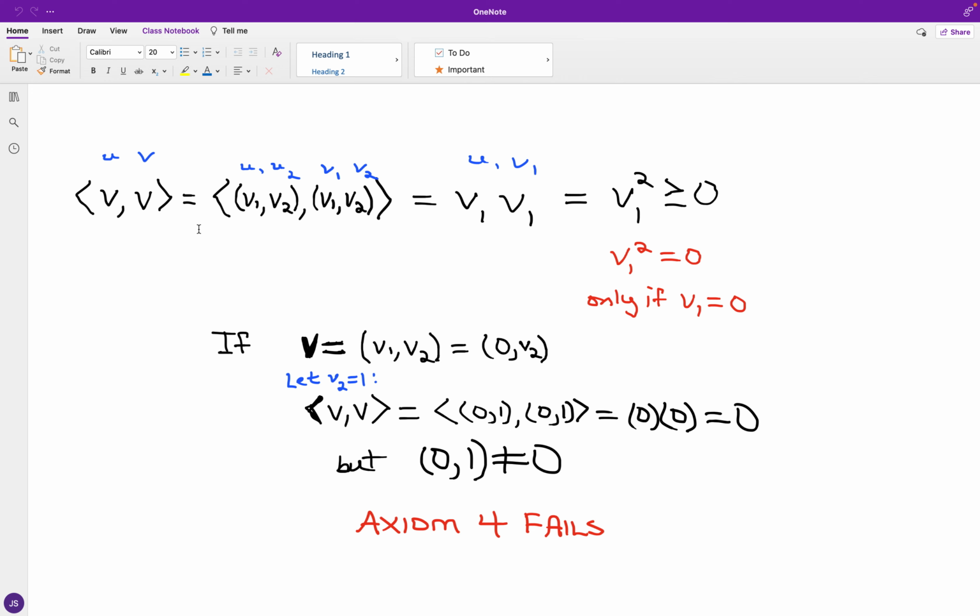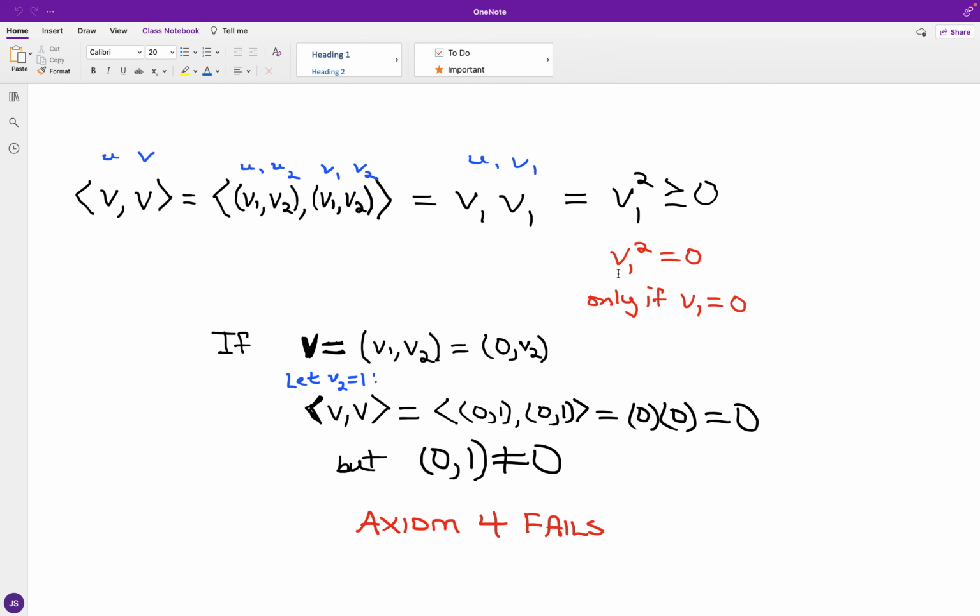So for v paired up with itself, we have v sub 1 times itself, and the square of v sub 1 is going to be greater than or equal to 0. Now, the square of a value in the real number system is only going to be 0 or positive.